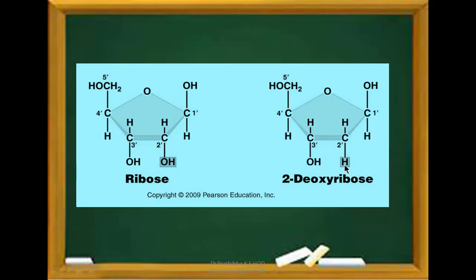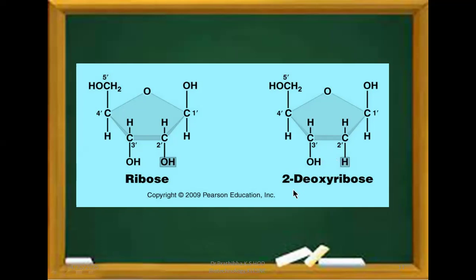This type of sugar moiety can be observed in the DNA molecule, so it's deoxyribose nucleic acid. Whereas here in ribose, this is the first carbon atom, 2nd carbon atom, 3rd carbon atom, 4th and the 5th carbon atom. In ribose, at the 2nd carbon atom, there is a presence of a hydroxyl group. Whereas in the DNA sugar molecule, at the 2nd carbon atom, there is an absence of oxygen.